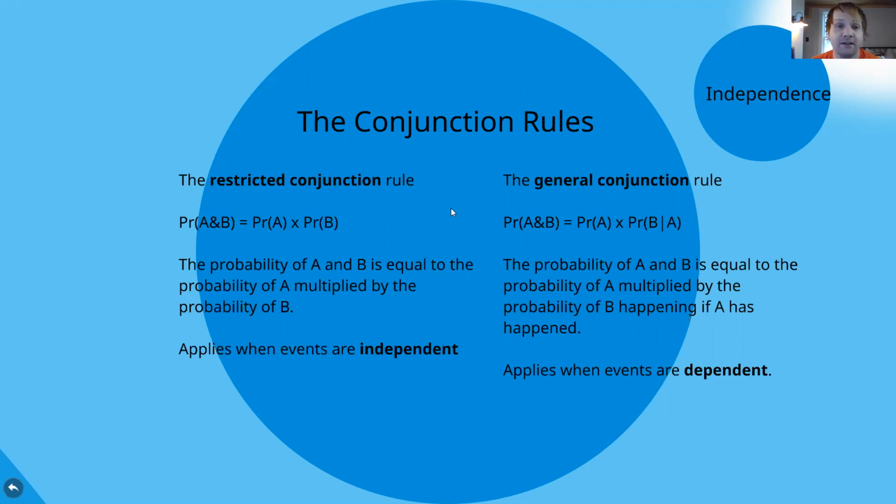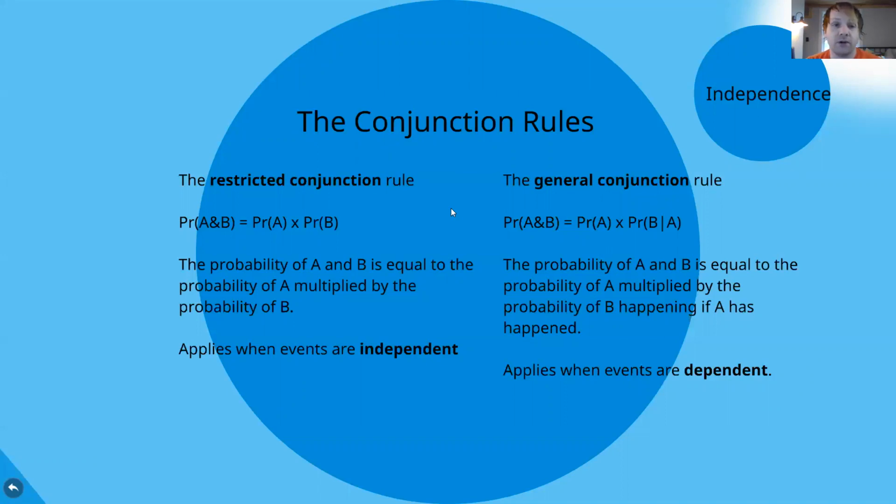So the probability of A and B is equal to the probability of A multiplied by the probability of B. The general conjunction rule says that the probability of the conjunction is equal to the product of the probability of the event A multiplied by the probability of B, given that A has already occurred.